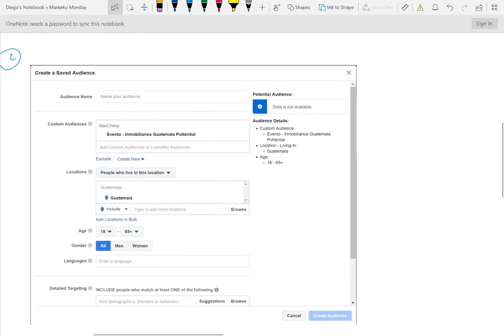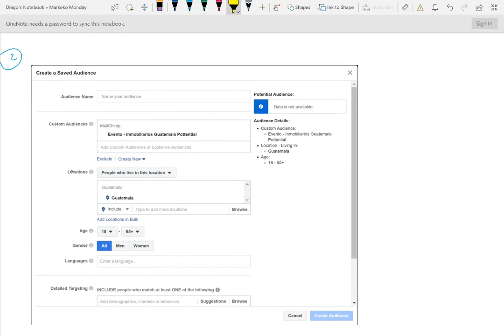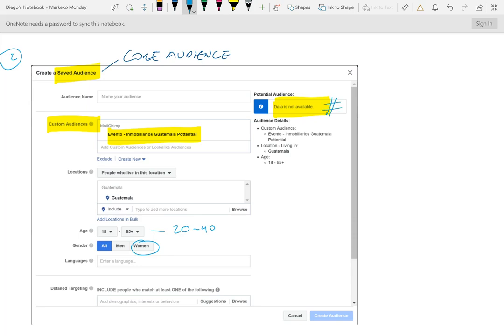Number 2, before you were able to select a custom audience within a core or saved audience, which is sometimes named core audience, and re-segment that audience or a lookalike, for example, and analyze to see what percentage of people had different variables. So I would select a custom audience, but then I could say I just want women, between the ages of 20 to 40, and Facebook would give me the number of people there.